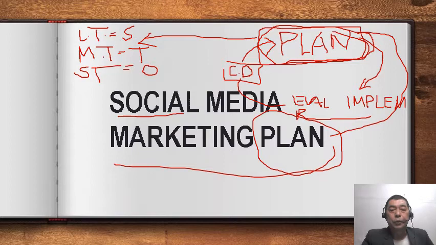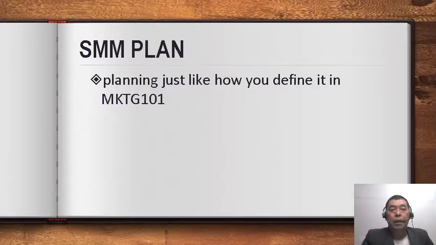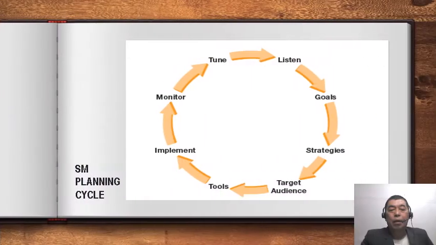So, to continue, social media marketing plan is just like, as explained to you, there are three types: strategic, mid, and short. All right, so in social media planning, there is a cycle. So it goes clockwise.